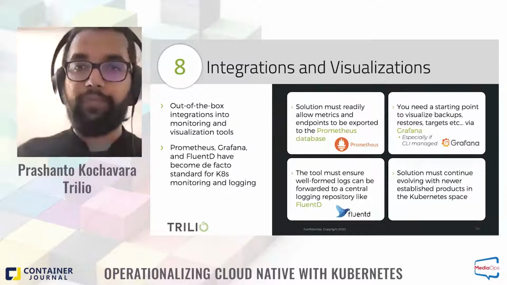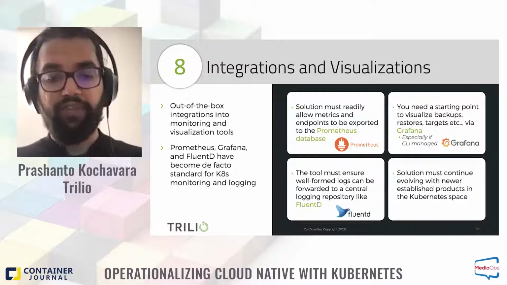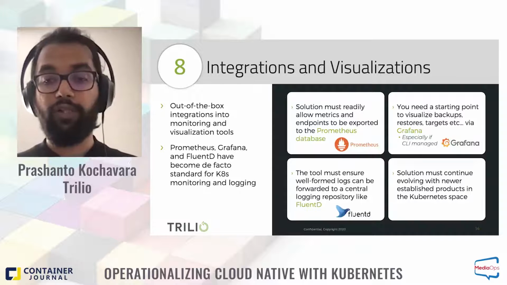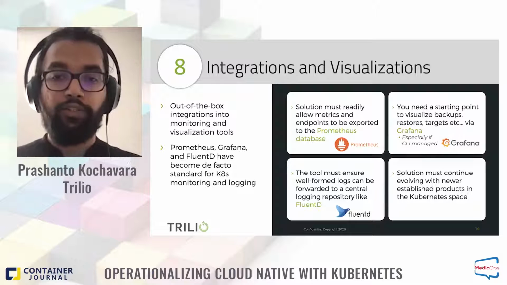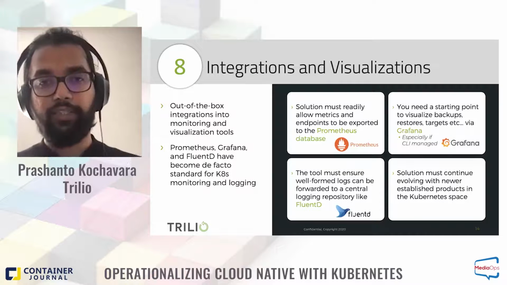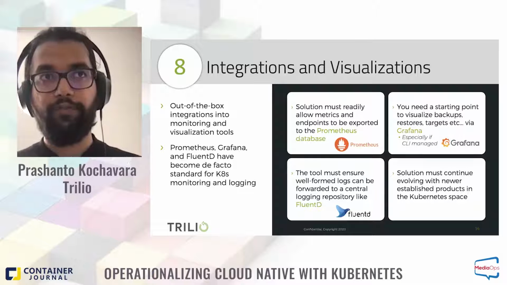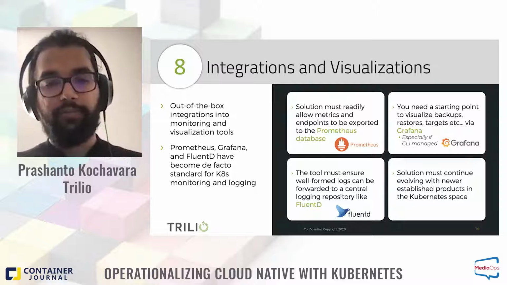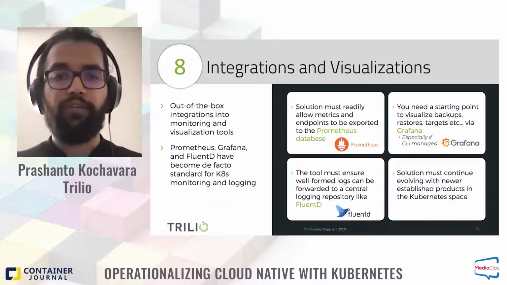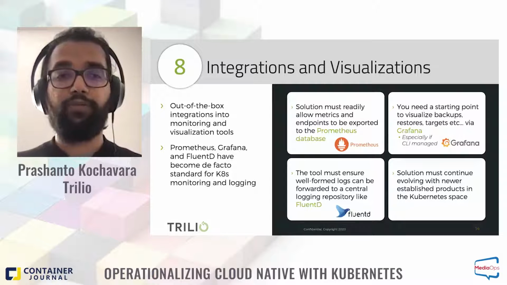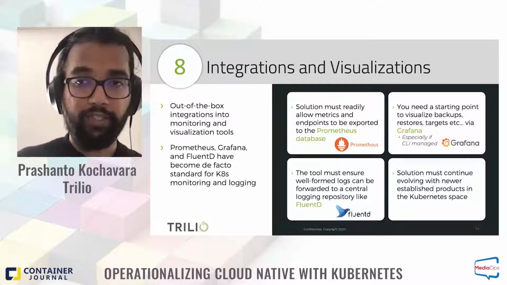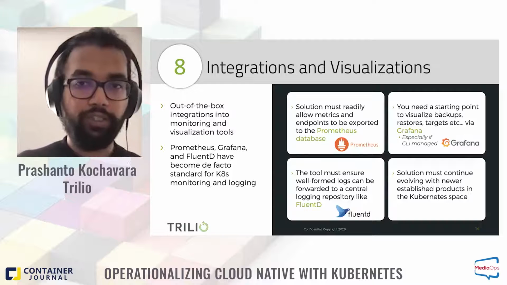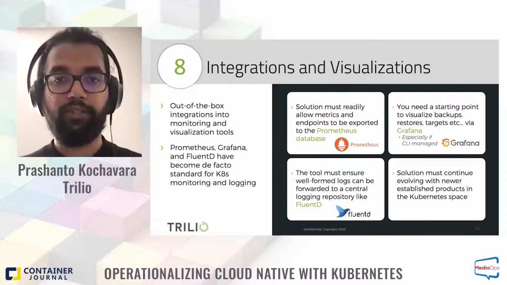We all know today that we live in a heterogeneous world. There is no one homogeneous solution that fits all different use cases. So ecosystem integration is something that needs to be carefully analyzed. Today, there are multiple tools like Prometheus, Grafana, Fluentd that help in exporting metrics, visualizing those metrics, and getting well-formed logs in a single central repository.